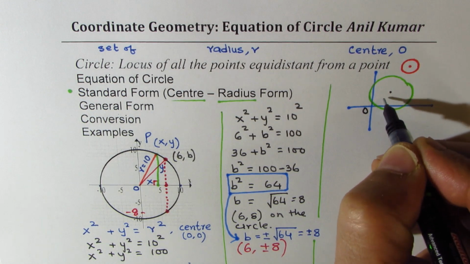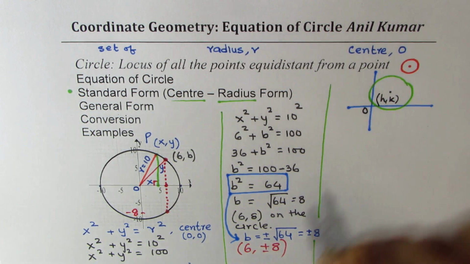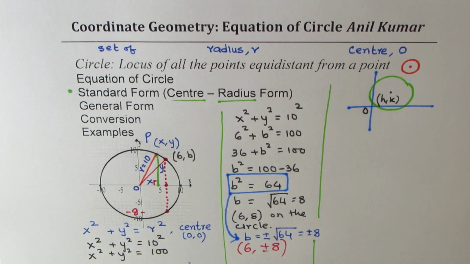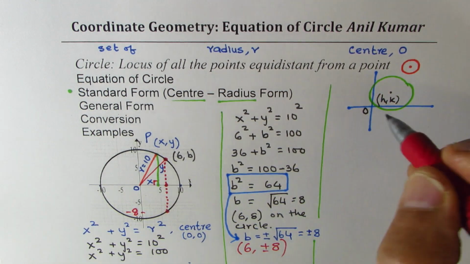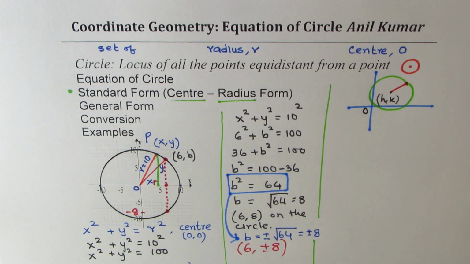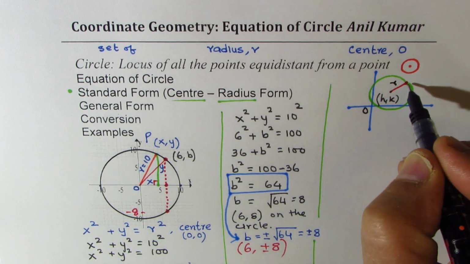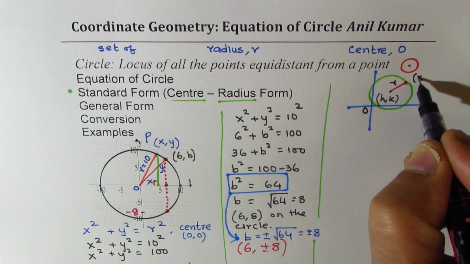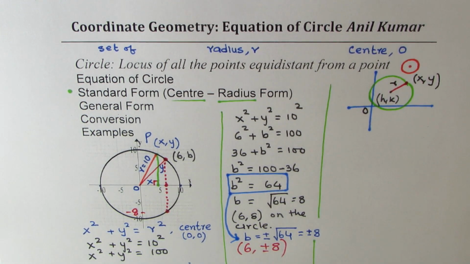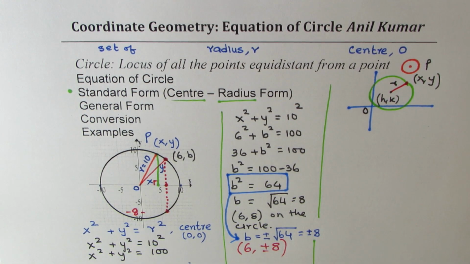Let me call these points x and y values h and k. We know that for a circle all the points are the same distance away. The distance is r. And any point on the circle could be treated as x, y in general. Any point P in general could be treated as x and y.